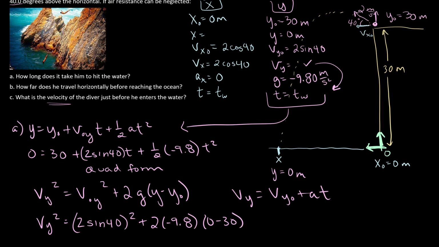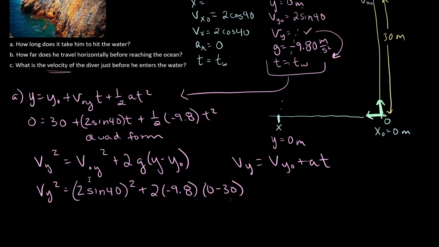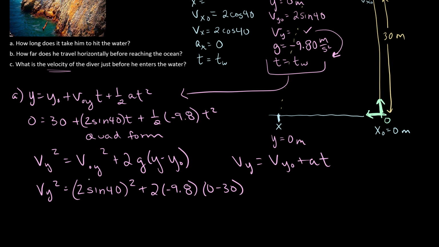Plugging that into my calculator, I end up with Vy equals plus or minus, because I took a square root, 24.282766. I carried out more than necessary, but I want more than just 3 sig figs so I don't accumulate rounding error.